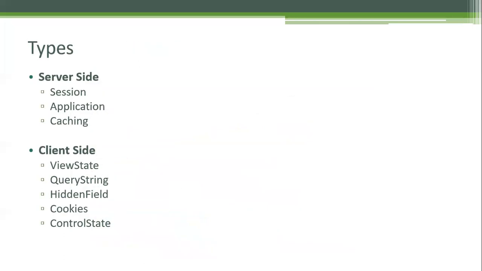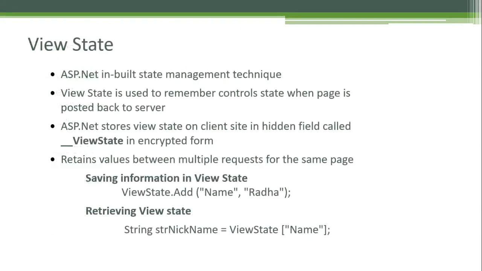So there are different types of techniques like session, application, caching, client side, view state, query string, hidden field, cookies, control state. When it comes to view state, it is an inbuilt state management technique by the ASP.NET Framework. It is used to remember all the controls that we use in the page.